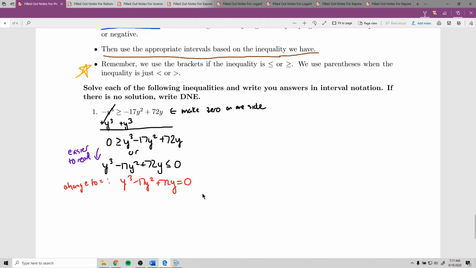All right, we already have 0 on one side, so let's just go ahead and factor. Keep in mind, once again, you can't use the quadratic formula here because we have y cubed. We would need just y squared. We do have a common y here to take that out. We take that out, we got y times (y squared minus 17y plus 72) equals 0.